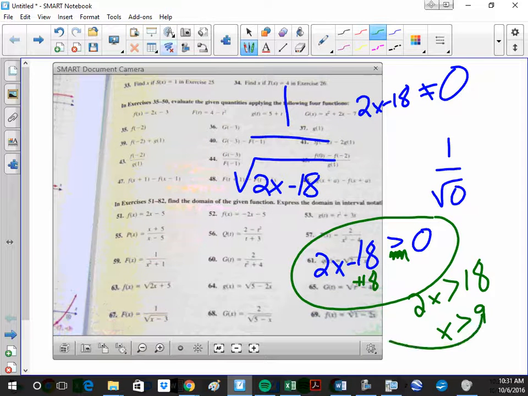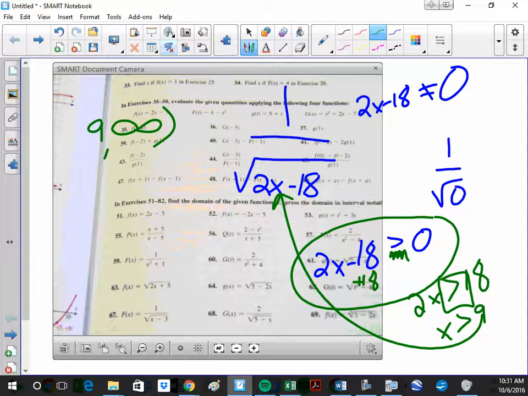And if you see, if you plug in 9, 2 times 9 is 18, and 18 minus 18 is 0, but it says strictly greater than, so 9 doesn't work, but 9.0001 does work. So the interval notation here would be 9 to infinity with a parenthesis on the left side.